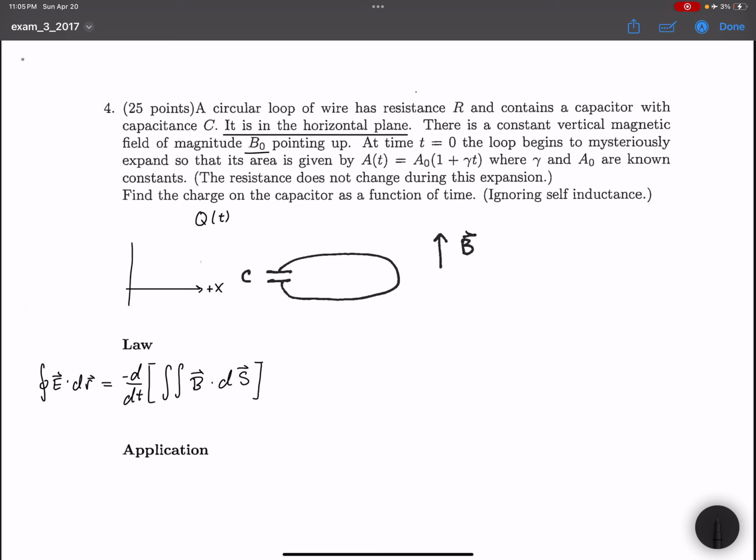Z is up. And then we have positive y coming out of the page. Yeah. Okay. Fantastic. Which means that really what we should say is that the magnetic field is coming towards us. I think that's a better thing to say.